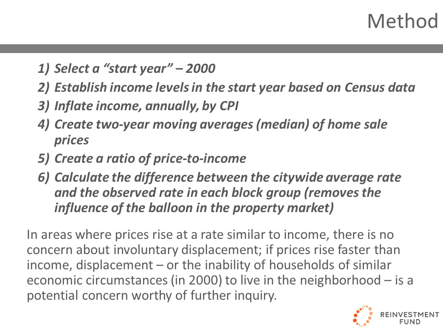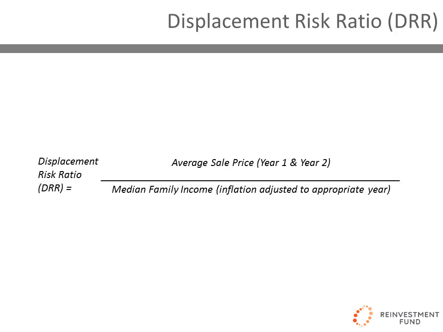So we net out from those changing ratios what happens citywide. In the most simple way, and this is not the way an economist would present an equation, but it's a way we wanted to present it so that people could understand what we're doing. We create this ratio for each census tract or block group in a community. It is essentially the ratio of sale price divided by income at an early point in time, inflated only by CPI.